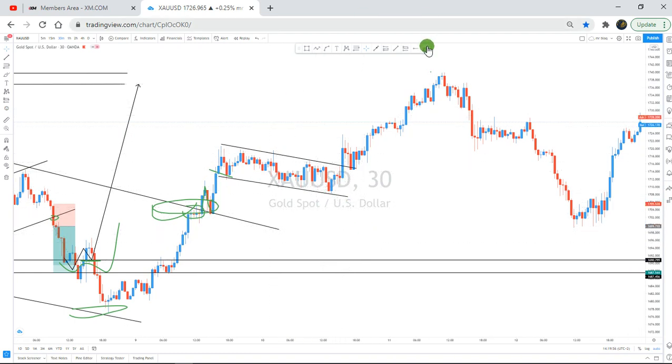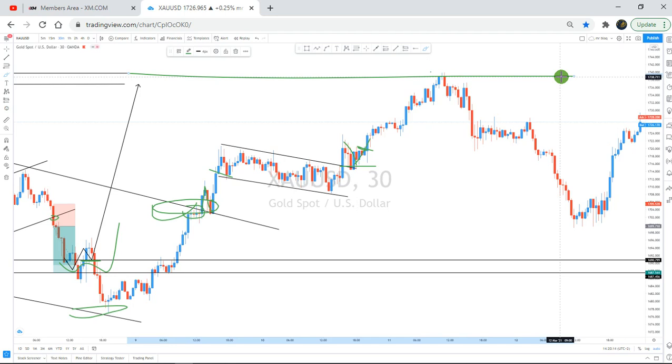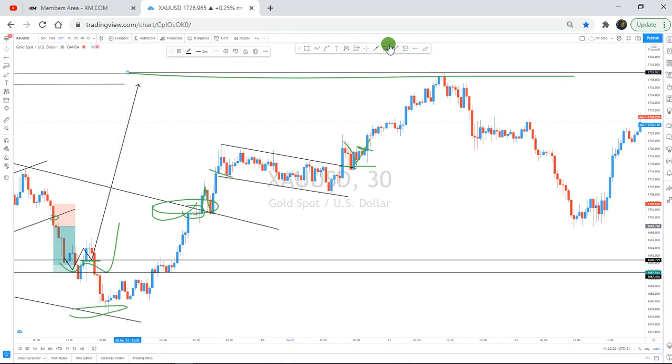As you can see, they broke on the upper side with this bullish momentum here. Then they rejected, and then they retested on the trend line, and then they went up. So once I saw this candlestick here, this is where I took the trade. Then my take profit was with these lines here. They represent the previous high from this point here. As you can see, let me just draw another one like this. So this is my supply zone here.